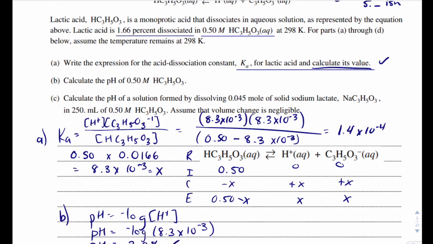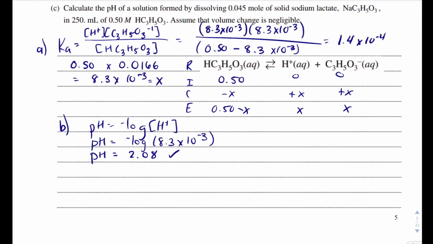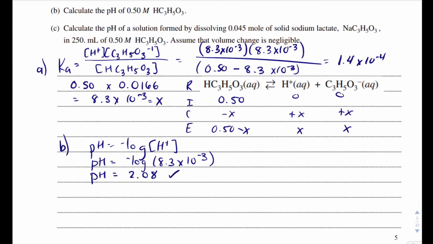Now, C is a problem that a lot of people would mess up on. What is going to happen is we already have this original rice table. And what they say in C is that we're going to add some sodium lactate, which will become aqueous. I know it says solid, but it will dissolve because that's what we have in our solution, lactate. And so what happens is that this goes up and we shift left.